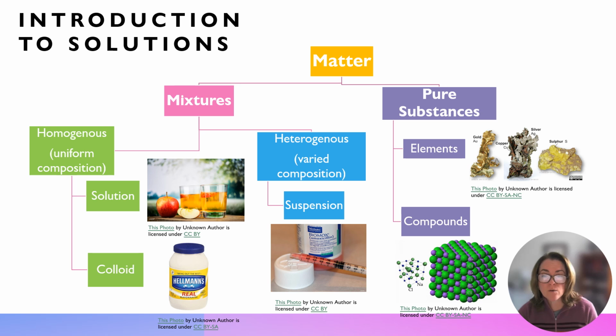And then on the other side, you've got heterogeneous mixtures, which have a varied composition, and we talked about things like suspensions. So if this is helpful to you to go back and help you organize matter based on their definitions, then this could definitely be helpful for you.